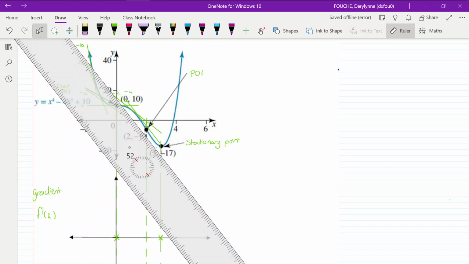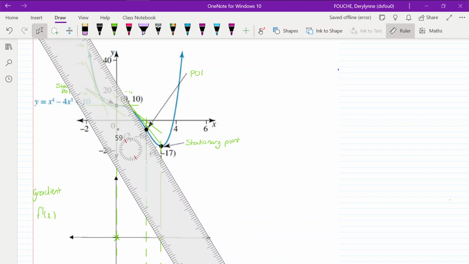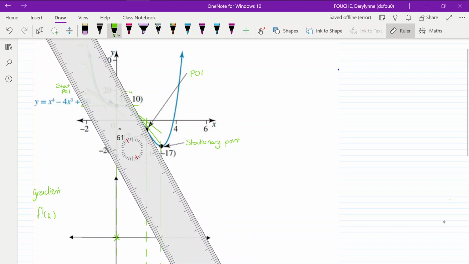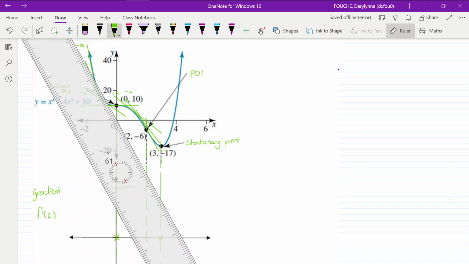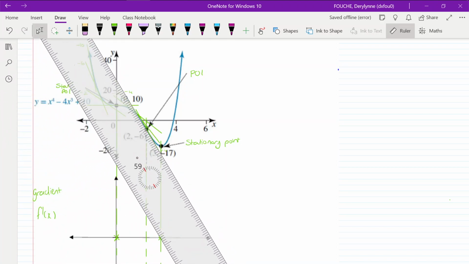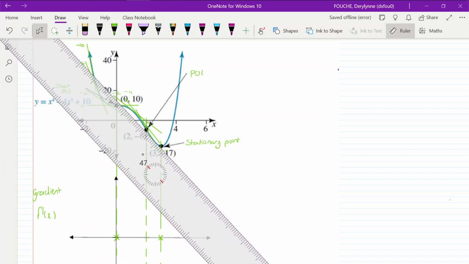If I drew a tangent through here at my point of inflection, maybe that's at about a negative 6. But then notice after there it gets less steep again, so maybe a negative 4.